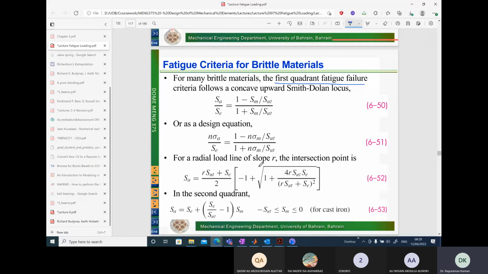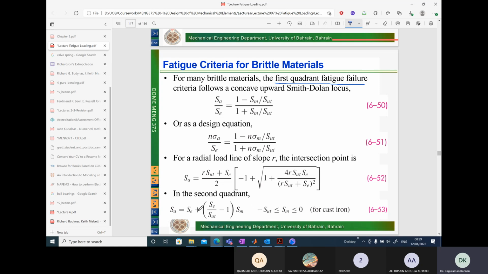In the first quadrant, the intersection point is given here. SA is equal to this value. What about SM? To get the SM value, we can take this SA value and substitute it in this equation, and then we should be able to get the SM value.